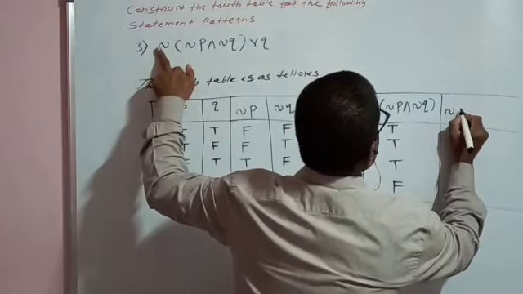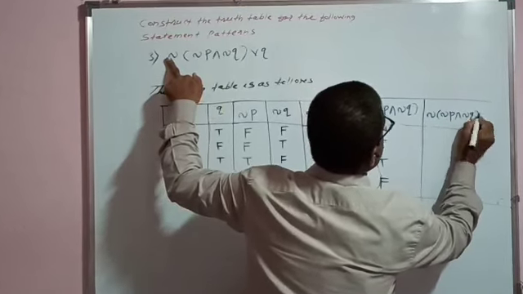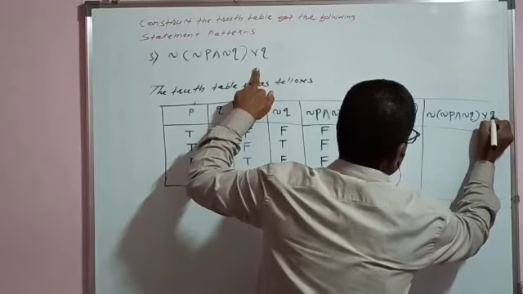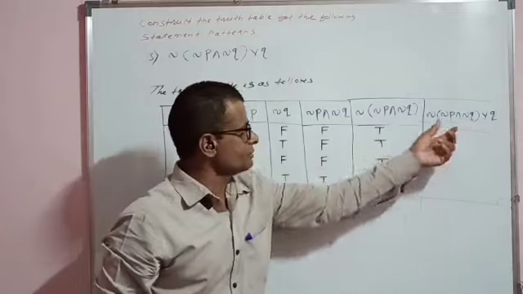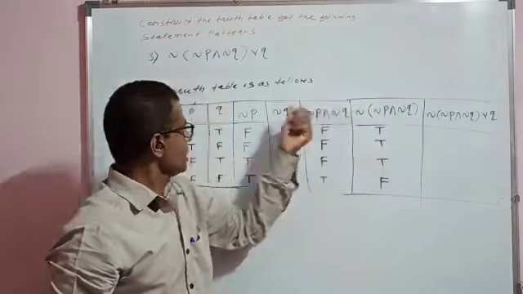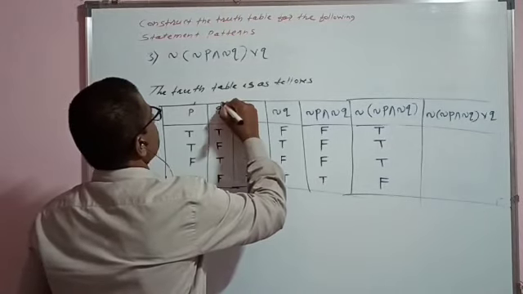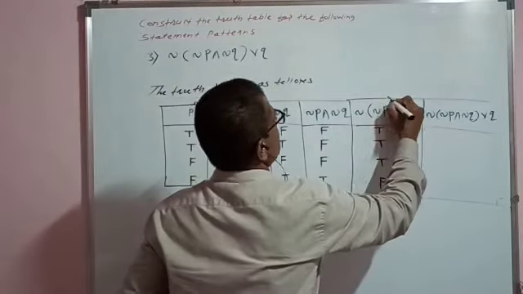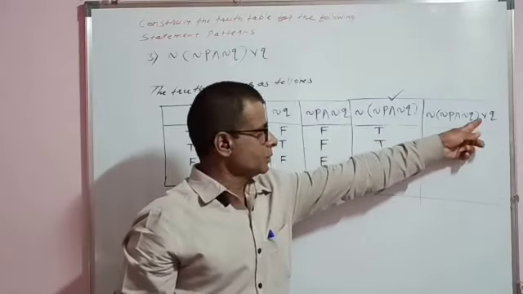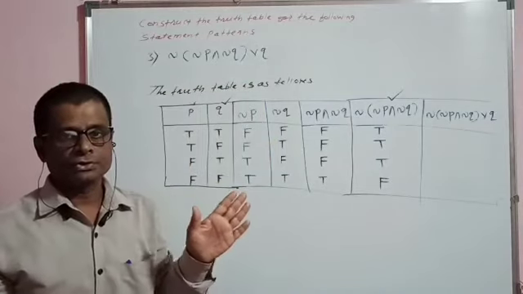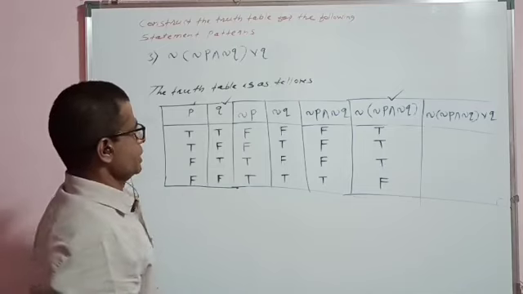So negation of P conjunction negation of Q, disjunction Q. Now you have to take the disjunction between this statement and the statement Q. So you have to take the disjunction between this and this column, right? The disjunction is true if both are true or any one of the given two statements is true.